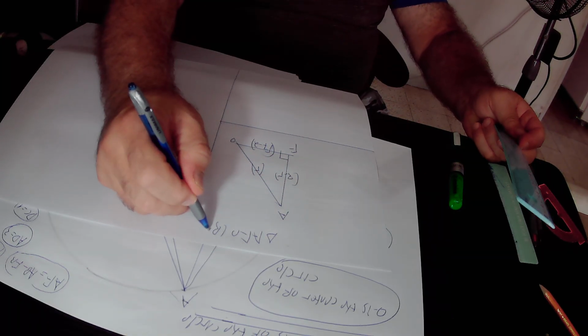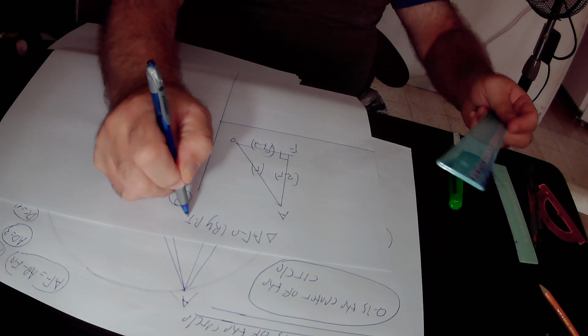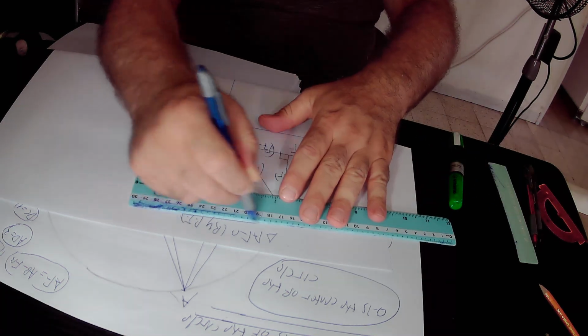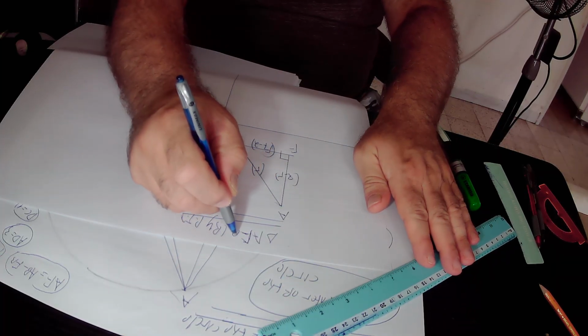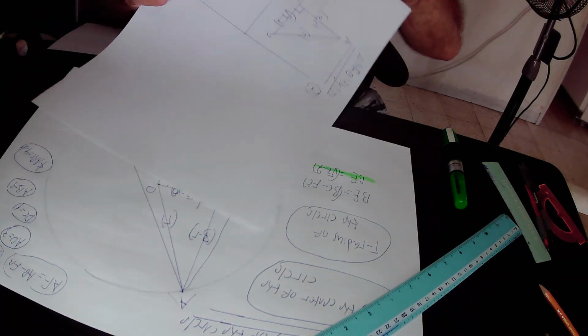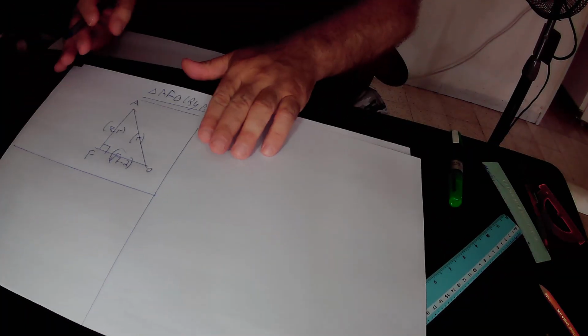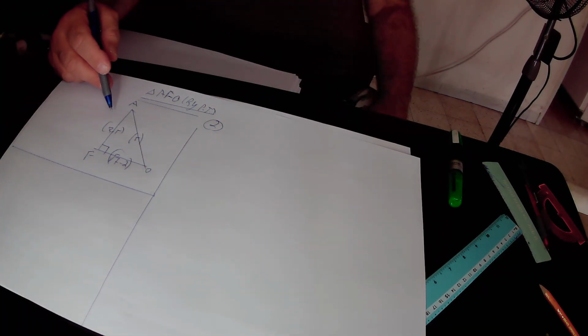Here PT is an abbreviation for Pythagoras theorem. So actually, this is the right triangle AFO that is coming from the original drawing.